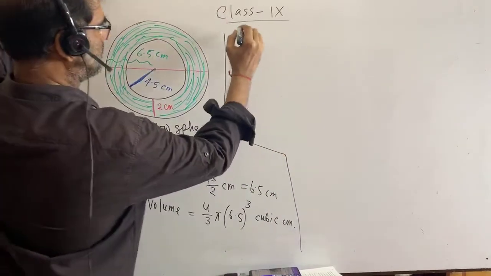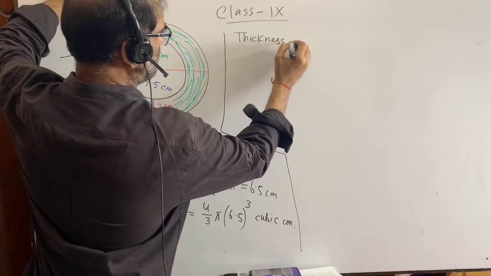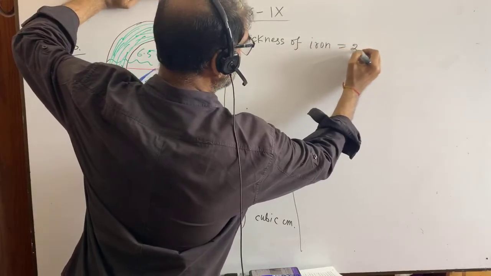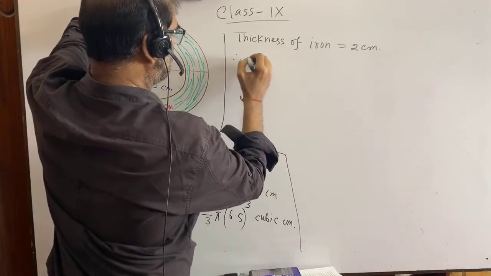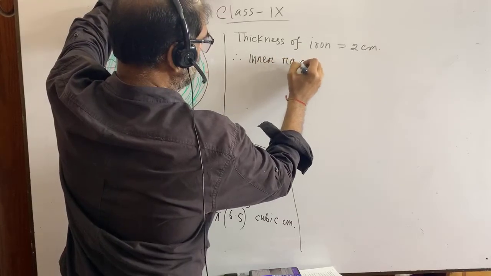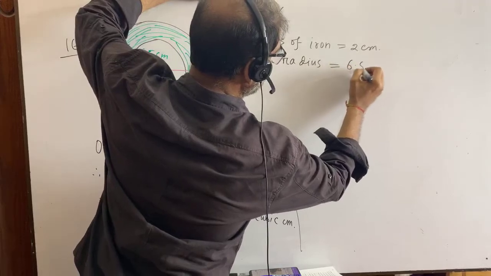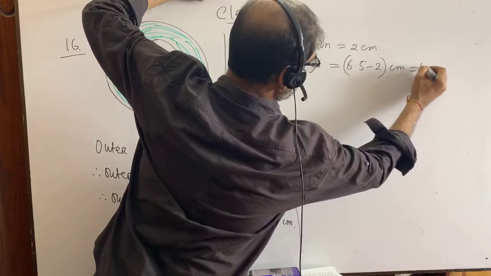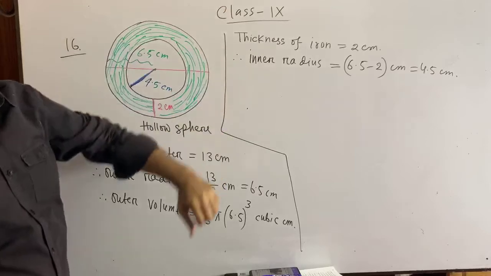Write down here: thickness of iron is equal to 2 centimeter. Therefore we can write down inner radius is equal to 6.5 minus 2 centimeter, that is 4.5 centimeter. This is the inner radius.